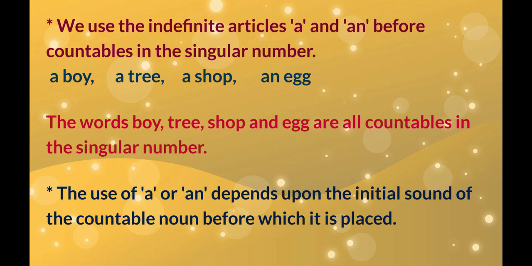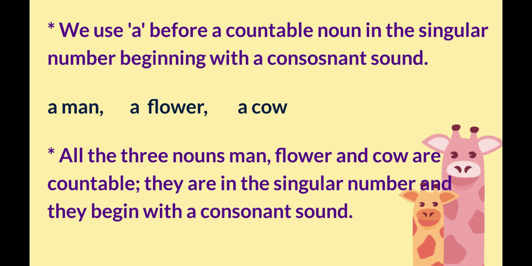Okay. The use of a or an depends upon the initial sound of the countable noun before which it is placed. We all know that we use a before a countable noun in the singular number which begins with a consonant sound. I hope you all know that which are consonants.